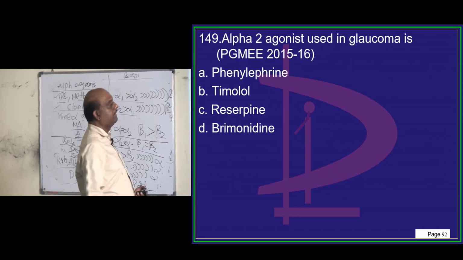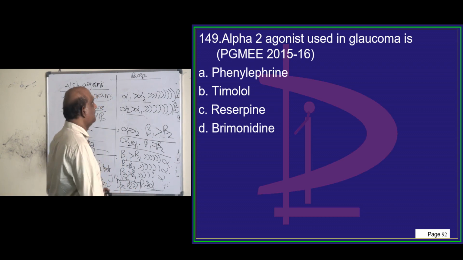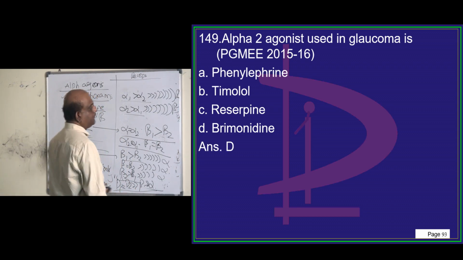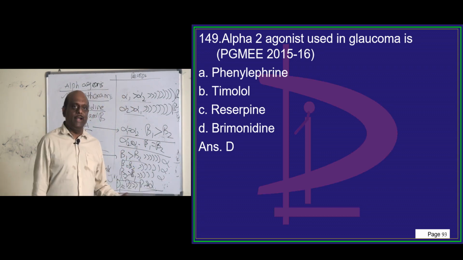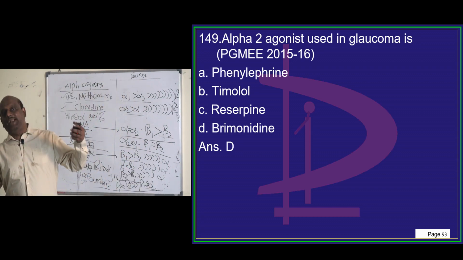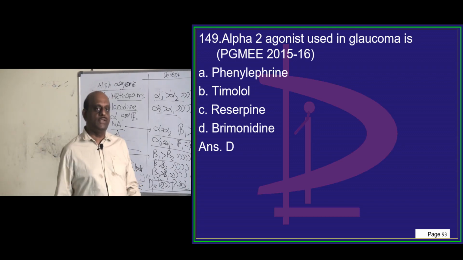Which alpha 2 agonist is used in glaucoma? It is brimonidine. Brimonidine, the younger sibling of clonidine, is an alpha 2 agonist.